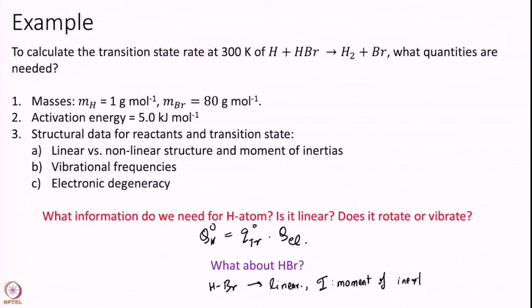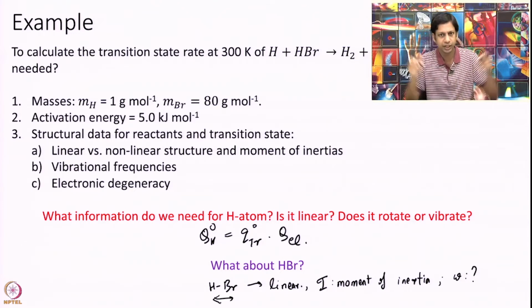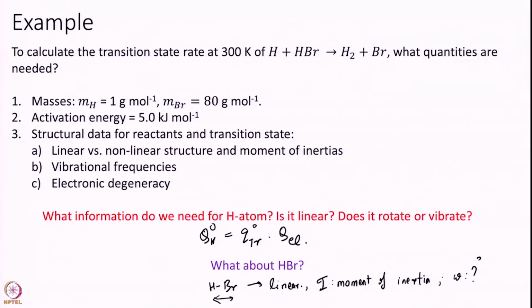And how many frequencies do I need for HBr? Only one. Why? Well, one can see that I have only one frequency here. It can really just do this kind of a stretch. But if you want to be more mathematical, you have 3n minus 5 frequencies, where n here is 2. So, I want one frequency for the HBr molecule.